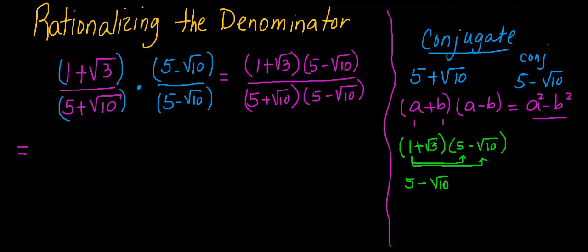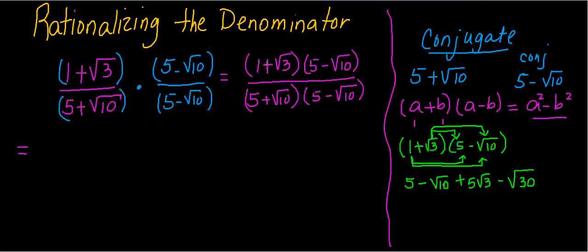I'm done with this first number. Now I take the second term and I multiply by the first term. Square root of 3 times 5, that's 5 square roots of 3. And then square root of 3 times negative square root of 10, that's negative square root of 30. Okay?